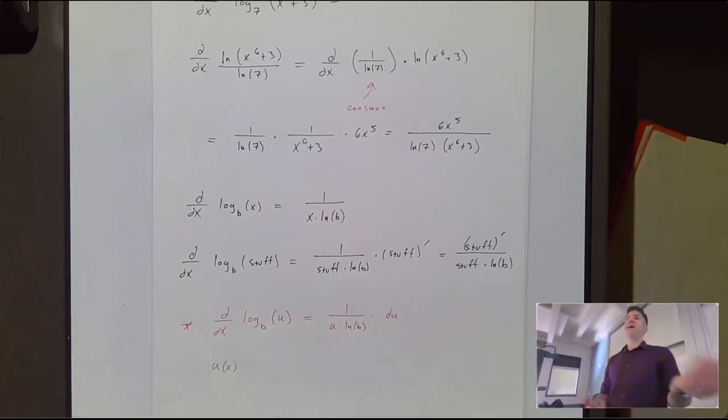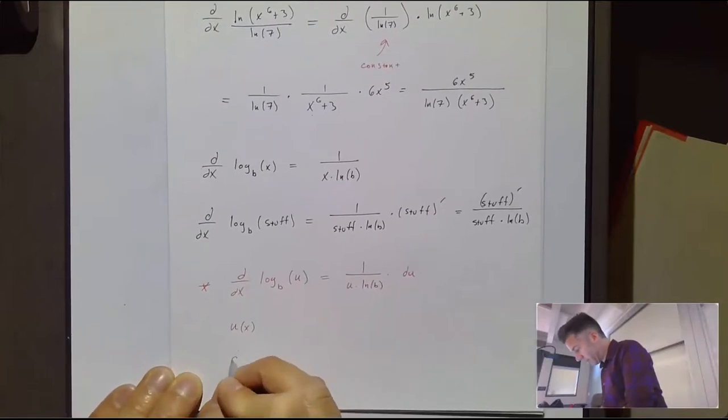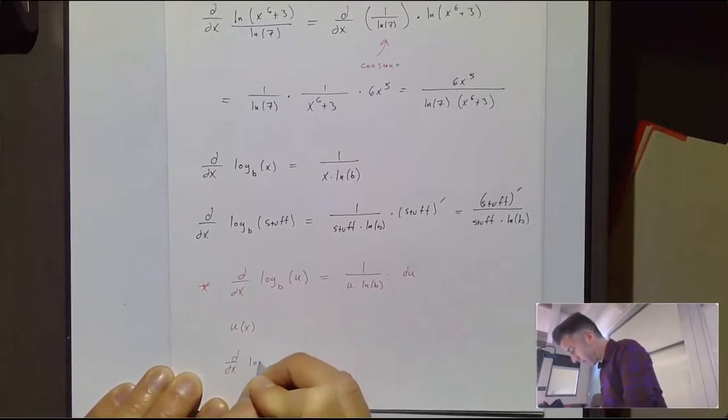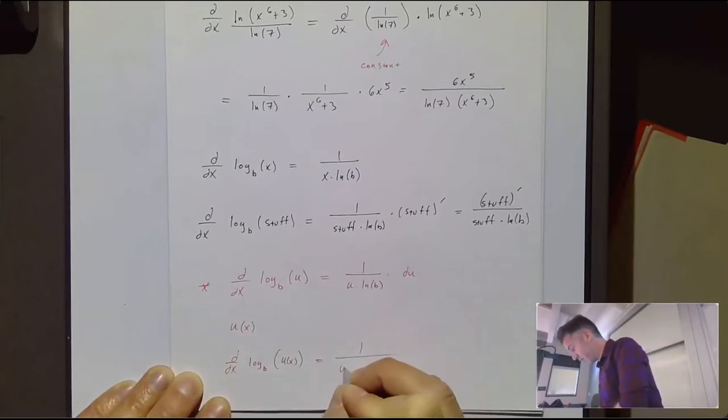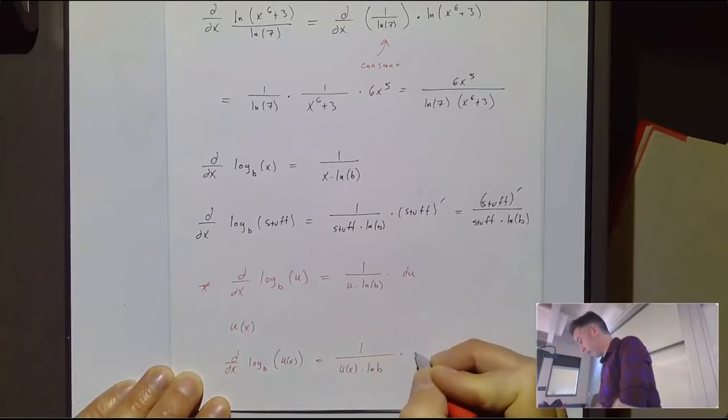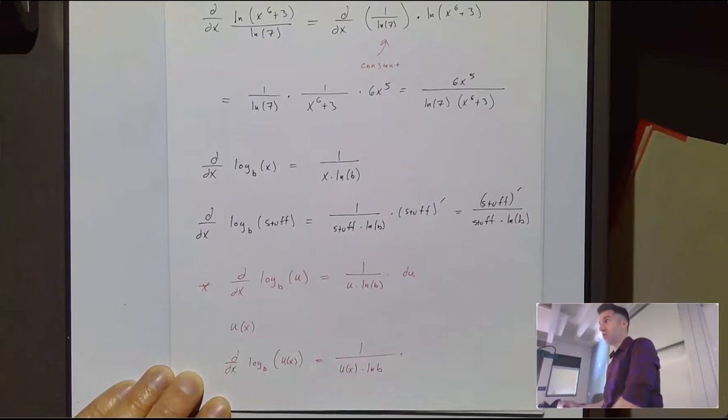So we're trying to save space, but this is actually how it gets written. You could write it the longer way as the derivative of log base b of this function u of x is 1 over u of x times natural log of b times, you could write it as du dx or as u prime of x.